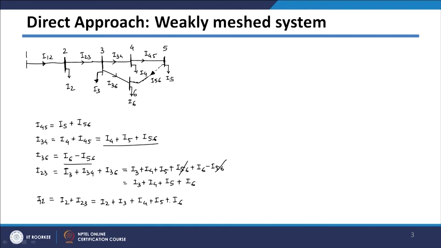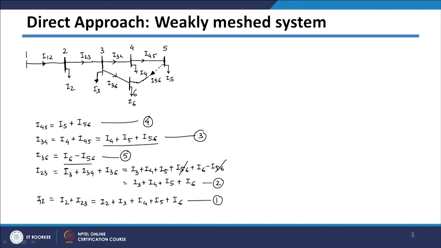All the currents are coming. Now you have various equations. Let us say this is equation number 1, this is equation number 2, this is equation number 3, this is 4, and this is 5.